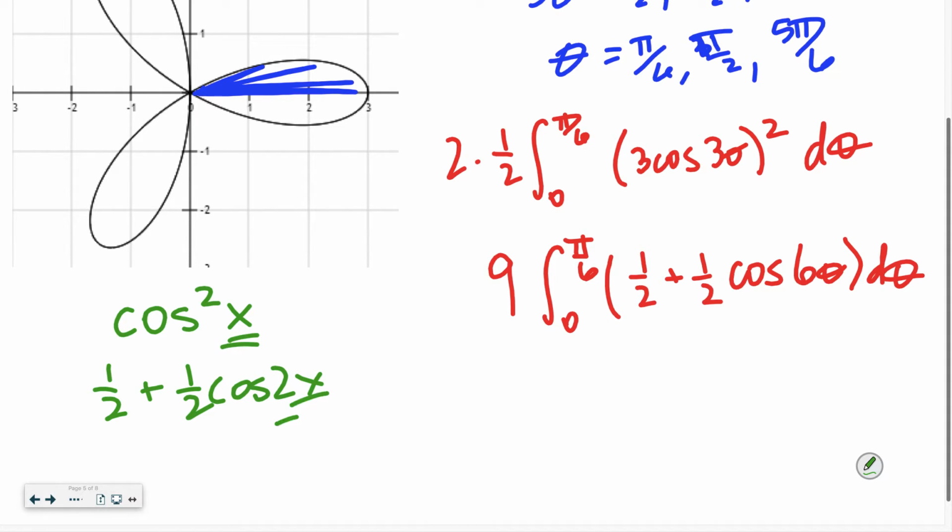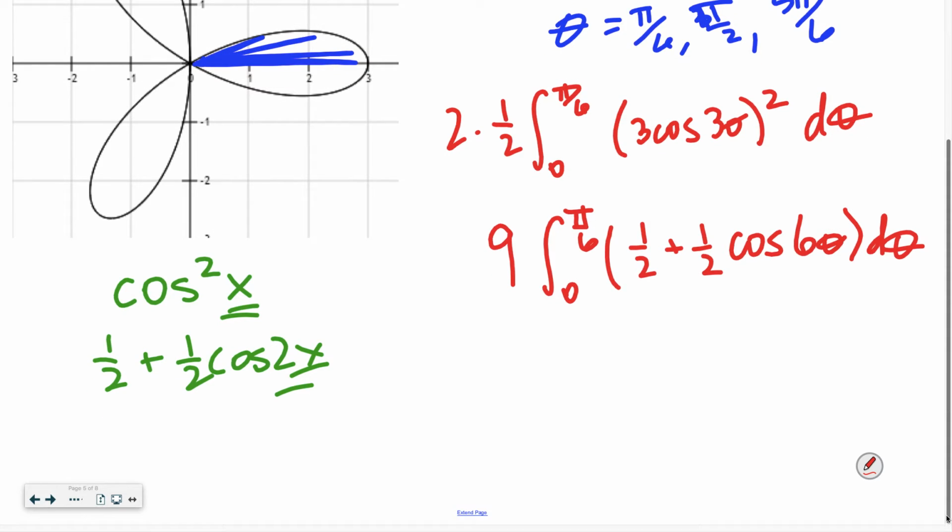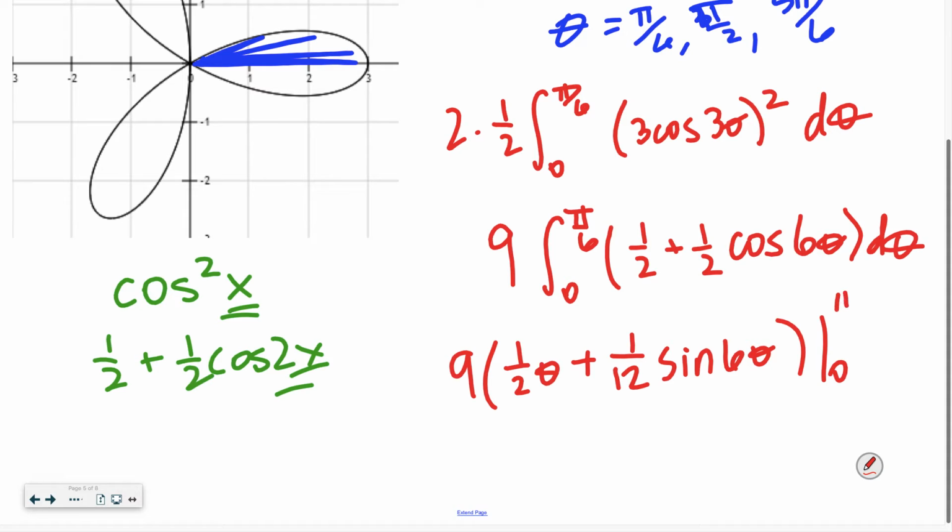So whatever that angle is gets doubled. So what we have is 9 times 1/2 theta plus 1/12 sine of 6 theta evaluated from 0 to pi over 6.